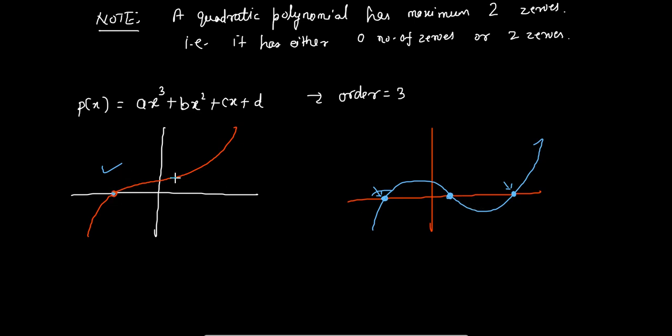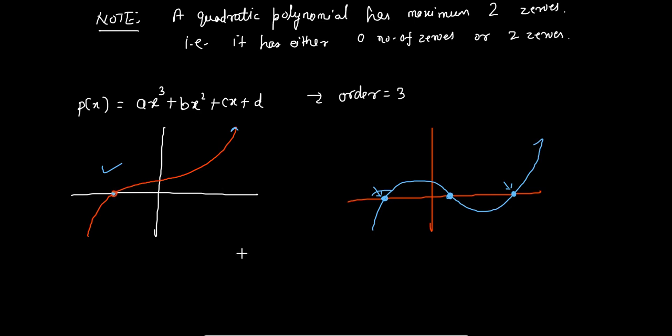Or it is not coming downward, it is just going upwards to plus infinity, so here we have only one zero. So we can make a note that any cubic polynomial will have maximum three zeros. That is, it has either one zero or three zeros. There are no even numbers of zeros allowed for a cubic polynomial, right?